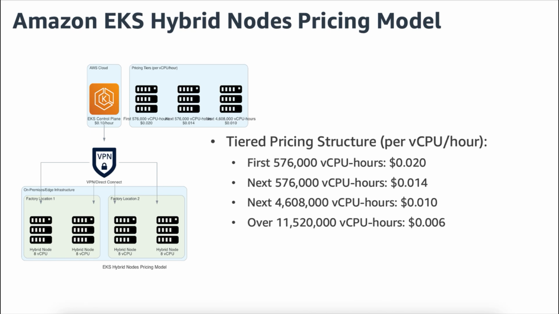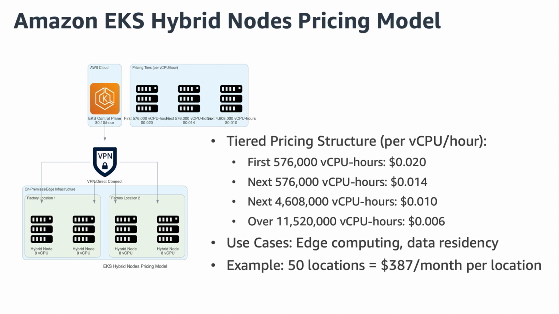The first 576,000 vCPU hours per month cost 2 cents per vCPU hour. The next tier of 576,000 vCPU hours drops to 1.4 cents, then 1 cent for the next 4.6 million vCPU hours. At the highest tier, over 11.5 million vCPU hours, the cost drops to just 0.6 cents per vCPU hour.